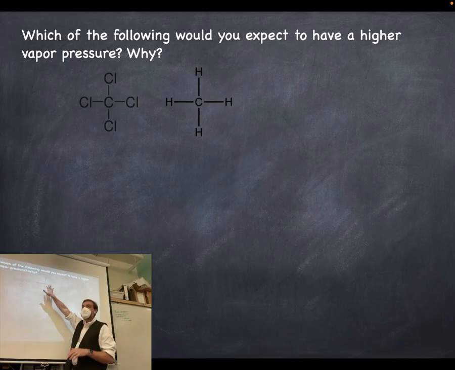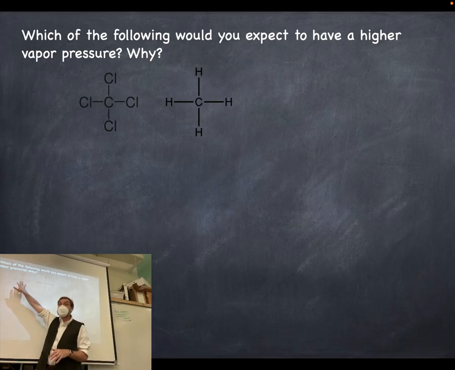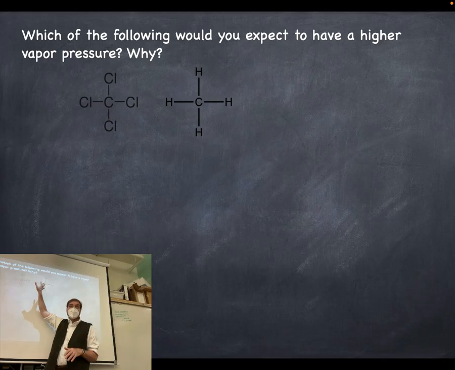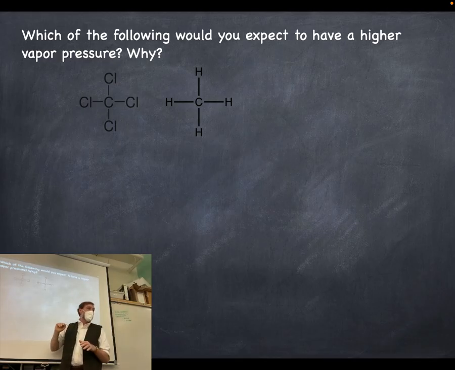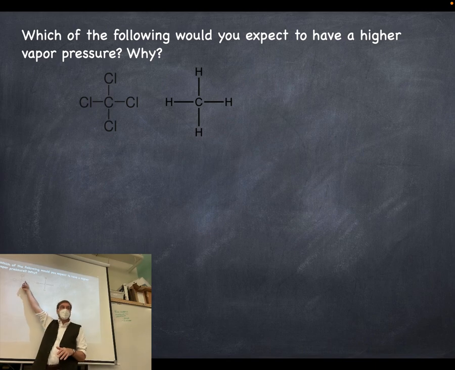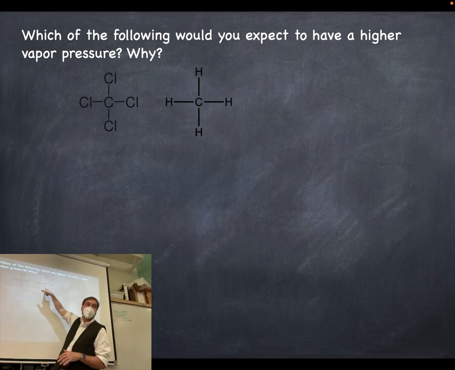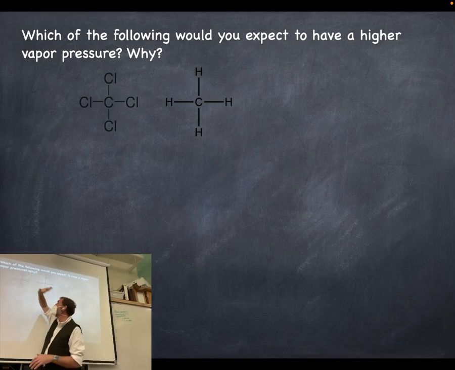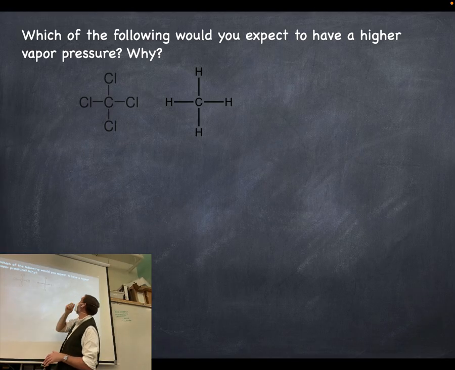Now, we are trying to judge which of them is stronger. So, what determines the strength of a London dispersion force in a molecule? The amount of electrons. Which of these molecules has more electrons? CCl4, many more electrons. Each chlorine has 16 more electrons than the hydrogen. So, CCl4 has the stronger intermolecular forces.